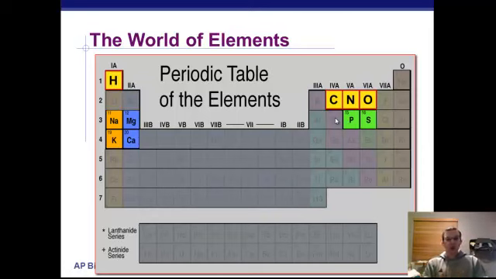Now, back in general bio, if you took it with Mrs. McKinley, Mr. Shansker, and myself, we talked about CHOMPS, trying to get you to recognize the 6 essential elements for life. We included phosphorus and sulfur because they are also components of some of the amino acids, and phosphorus is part of nucleic acids as well.